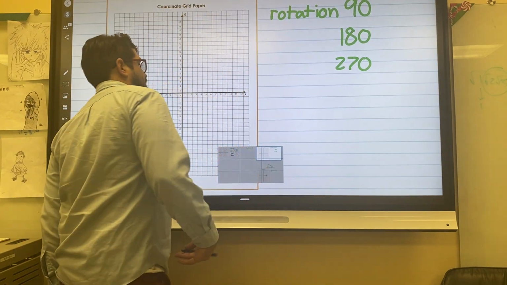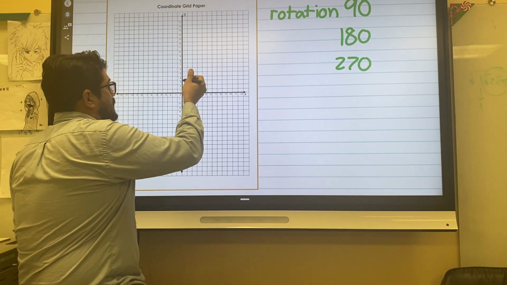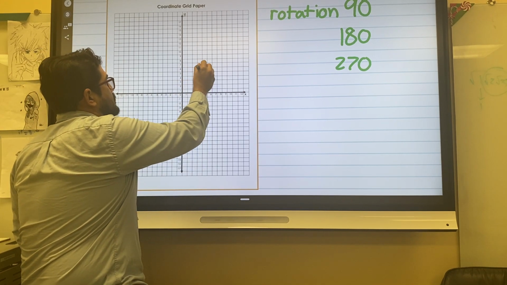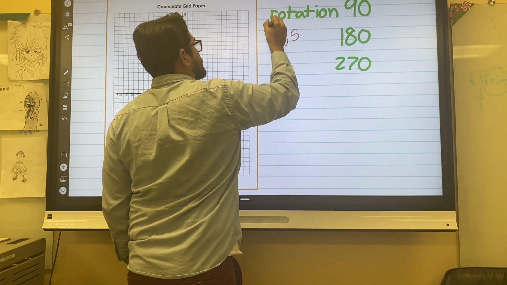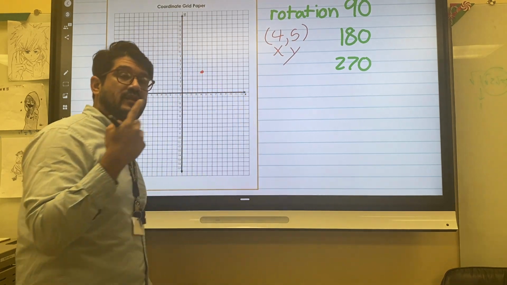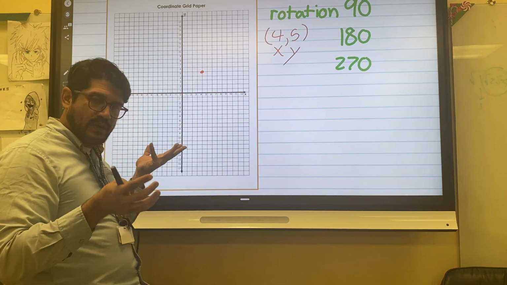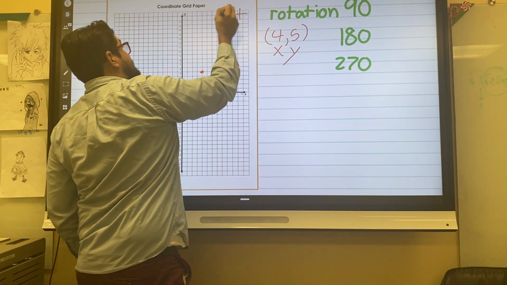All right, rotation of 90 degrees. So we're going to pick a random dot. So let's say 4, 5. So I have chosen 4, 5, and this is x and this is y. Now, if you know how to rotate one coordinate, you know how to rotate any coordinate. It's very, very simple. You do have to know your signs.